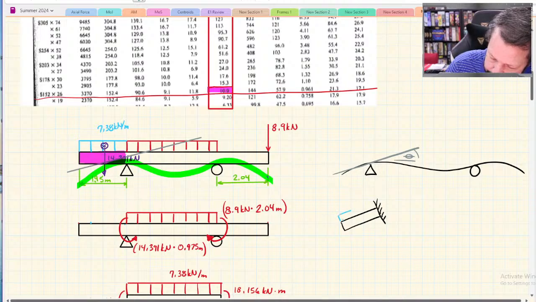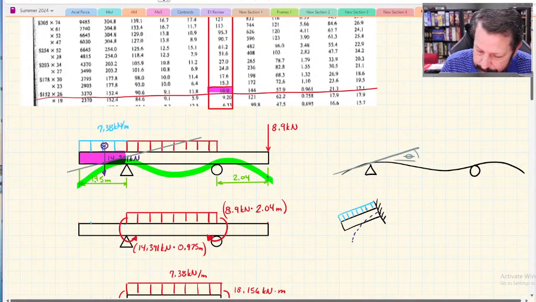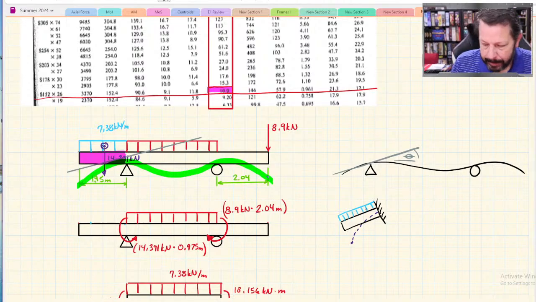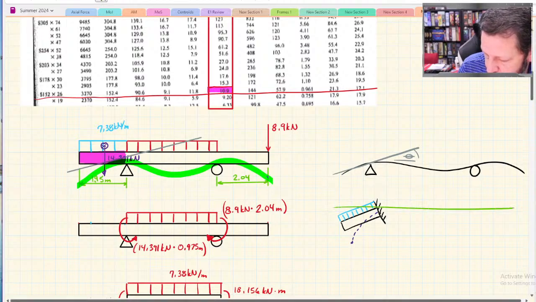I'm going to say that that distributed load continues to create some kind of deflection in this little cantilever section, and the total deflection is, there's my axis, I suppose, the amount that it's sloped here.